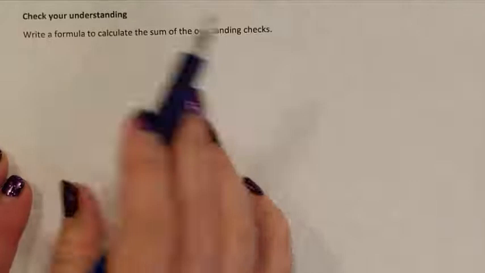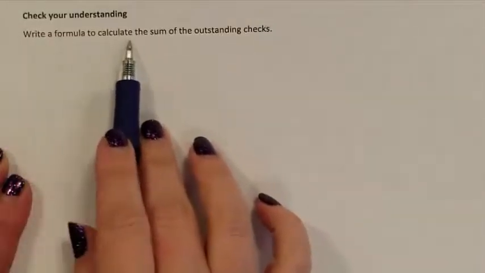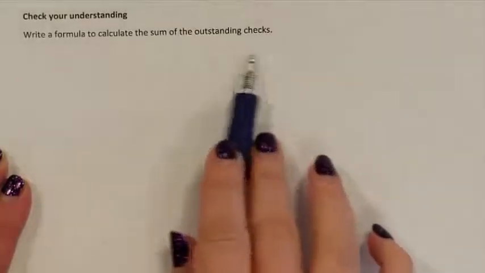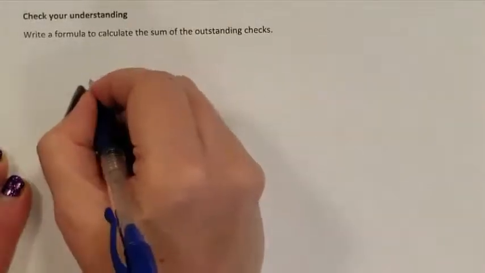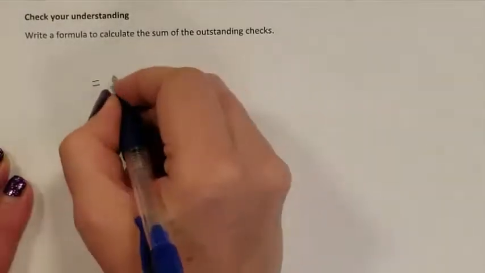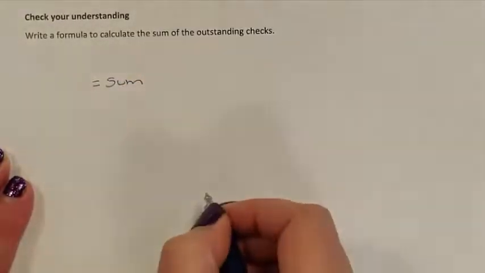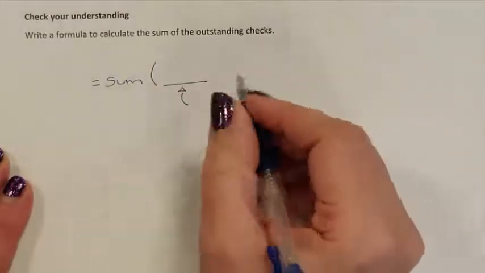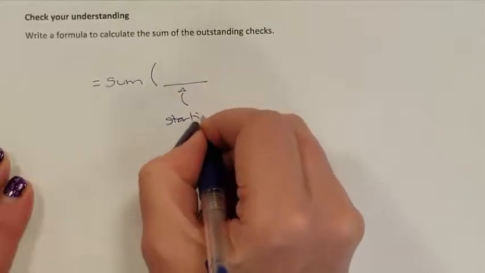Let's check your understanding of spreadsheets. Write a formula to calculate the sum of the outstanding checks. So how to find the sum of whatever you need: you're going to type the equal sign into the cell. You're going to write the word sum. In parentheses, you're going to put a number, and this number right here is the starting cell.